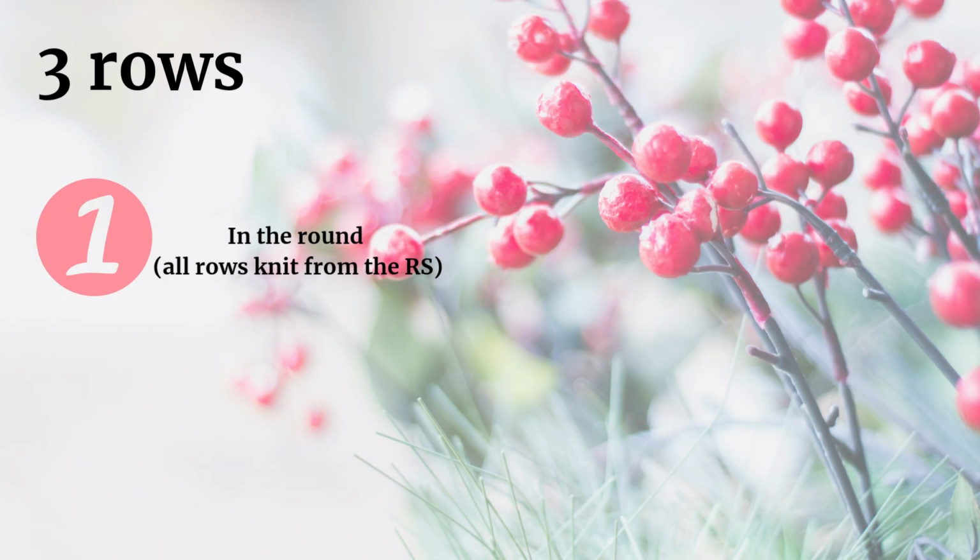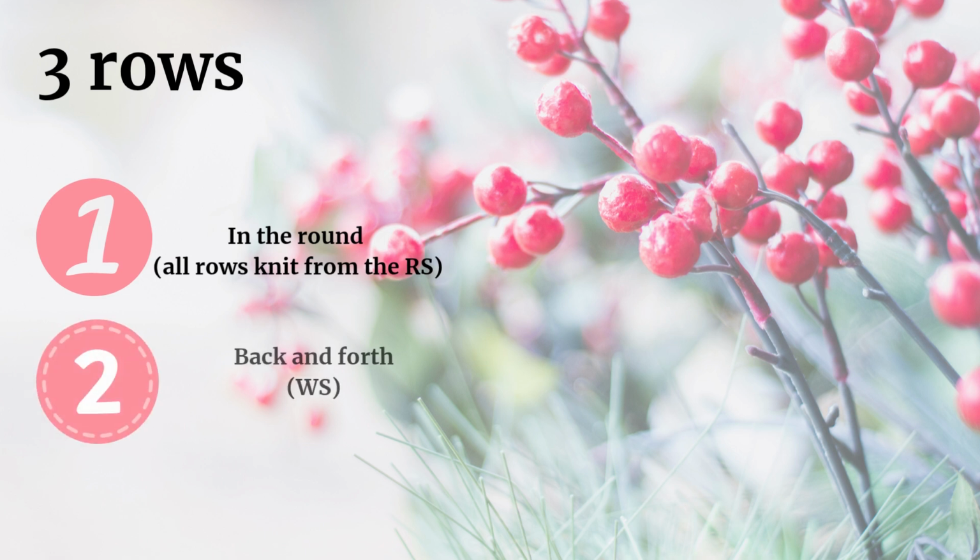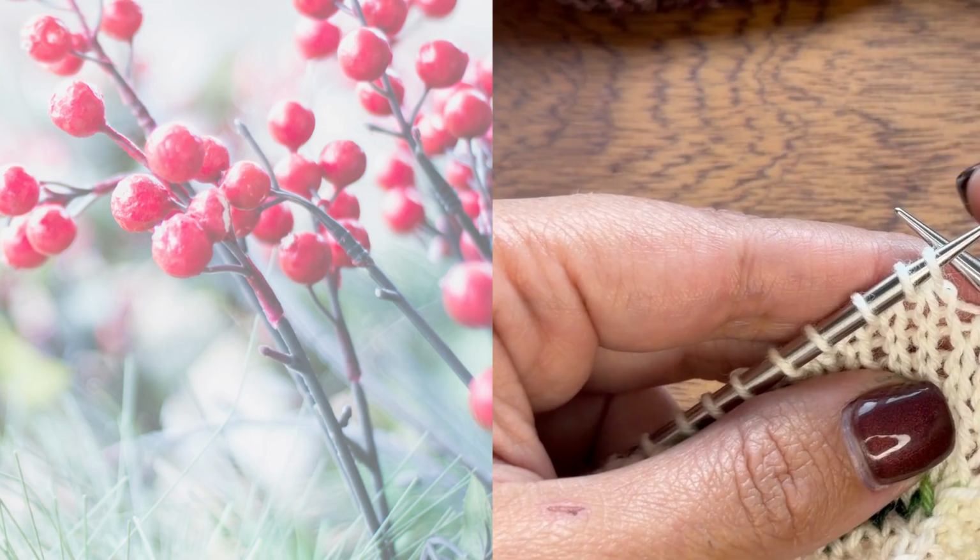And you're going to knit all the rows from the right side, so that's what's most important, and that's what I'm going to show you. Later on in the video I will give the same instructions but from the wrong side, just in case you decide to pick another pattern and you have a flat pattern and need wrong side instructions.